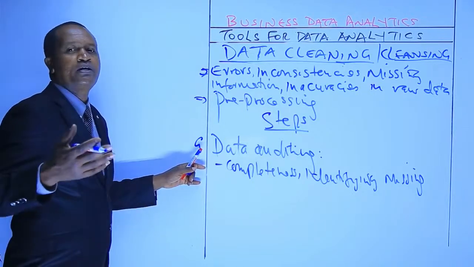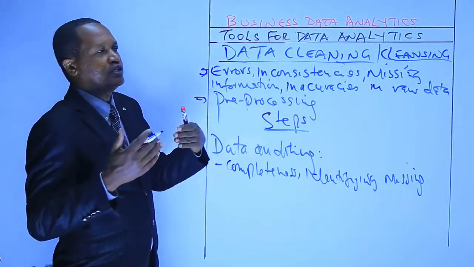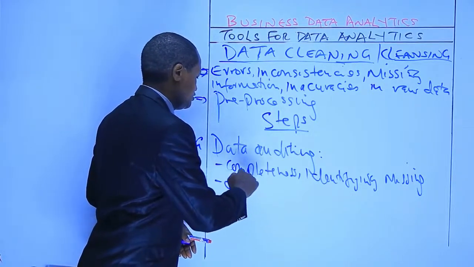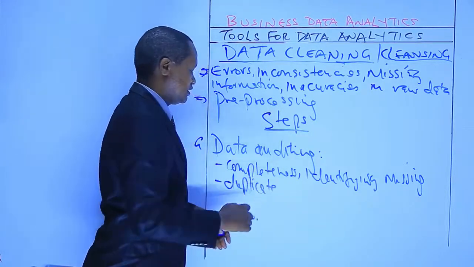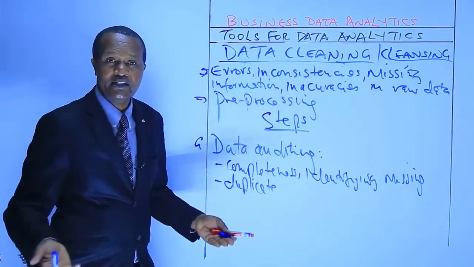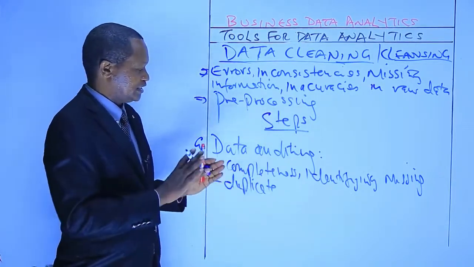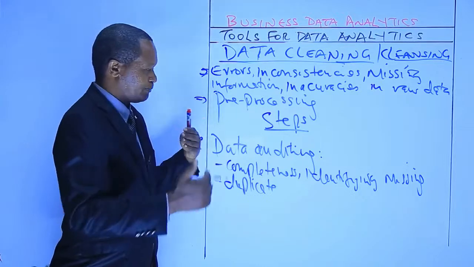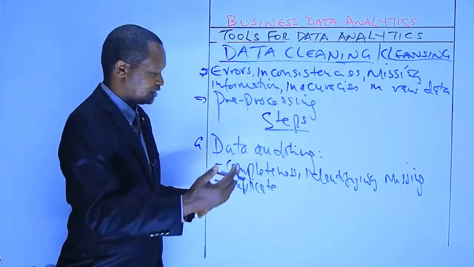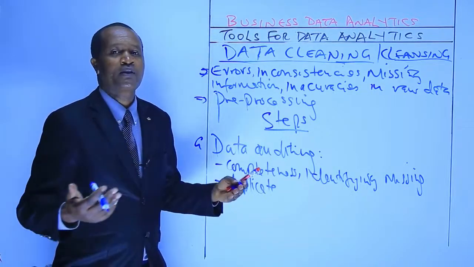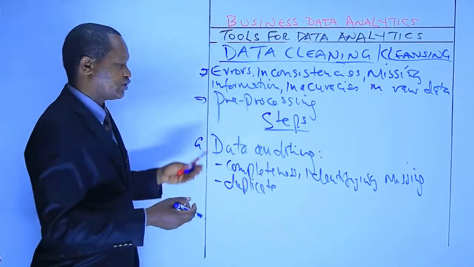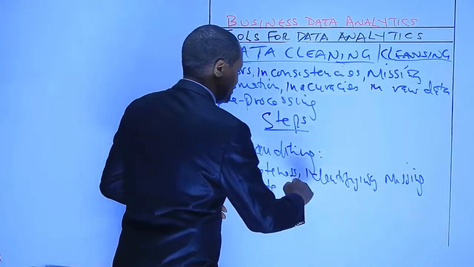It may also involve checking out if there are any duplicates. You may have data that is duplicated. You may have data even in triplicate. So in auditing, that is what happens. You check if the data is in duplicate, if the data is repeated, if the data is in triplicate, and ensuring that data is also valid. You check also for invalid data.